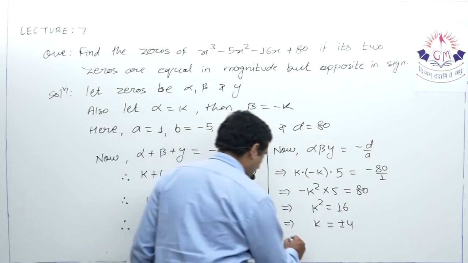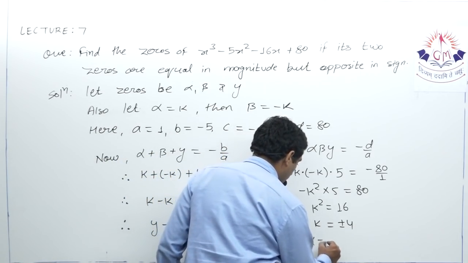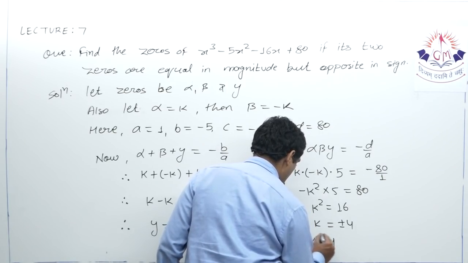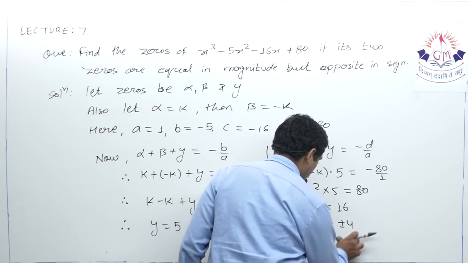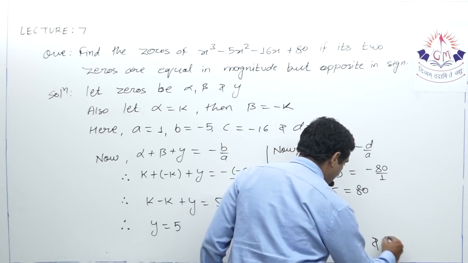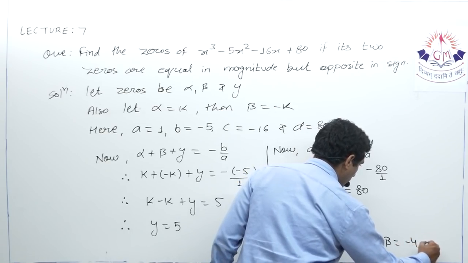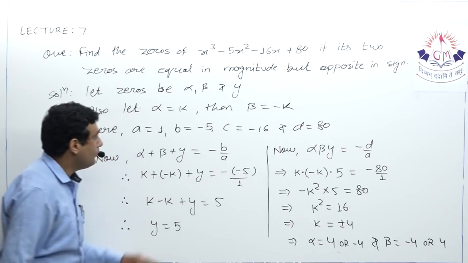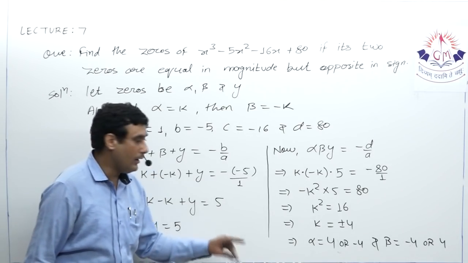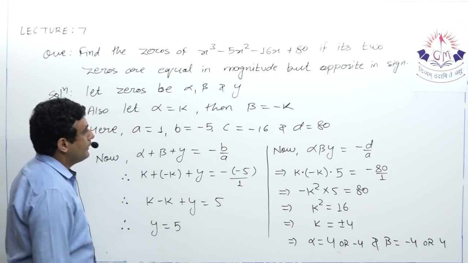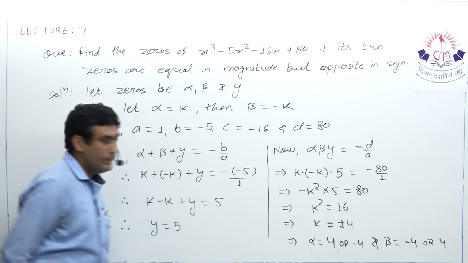So here I can say therefore alpha is equal to 4 or minus 4 and beta is equal to minus 4 or 4. So finally I can say the zeros of this polynomial are plus 4, minus 4 and 5. Okay, so please note it down.